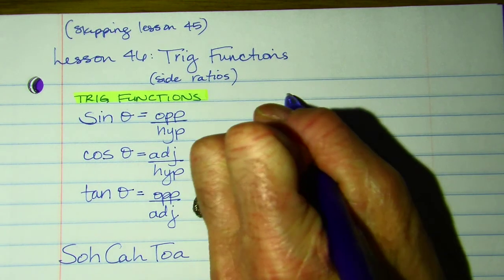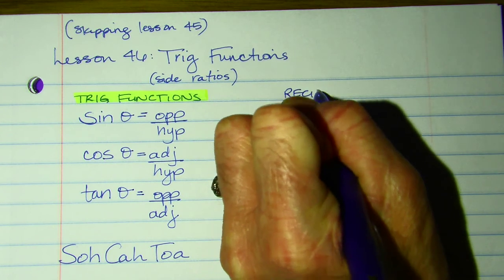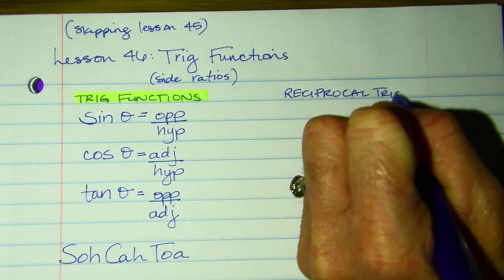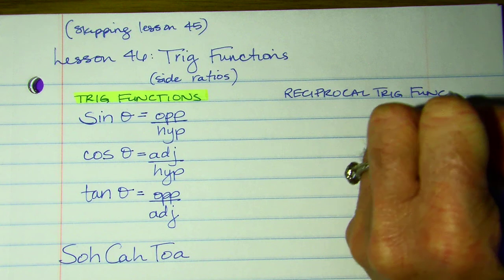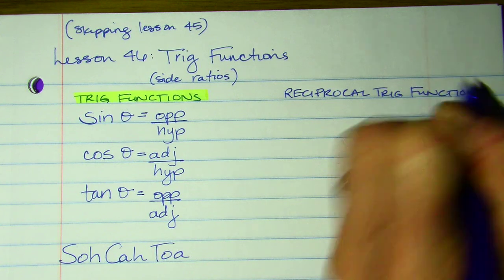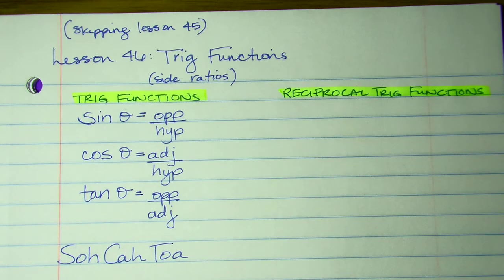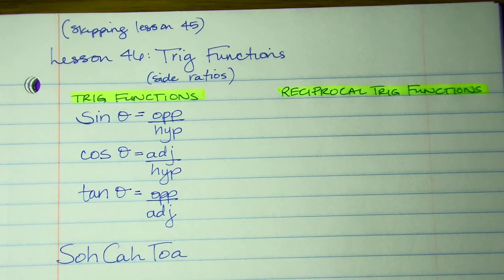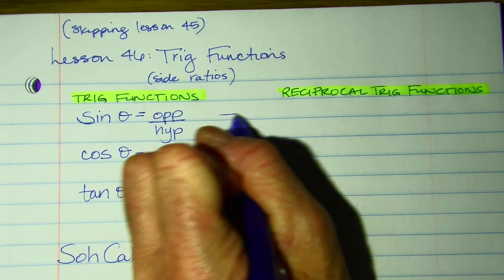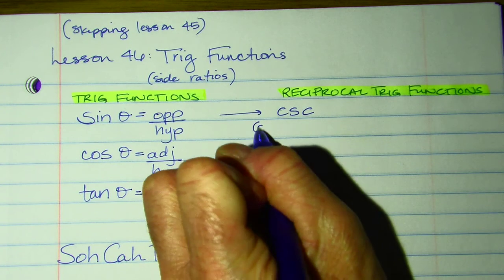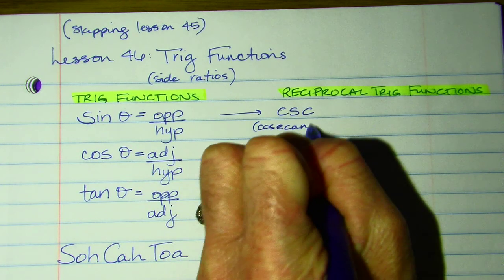Now we also have our reciprocal trig functions. Hopefully you remember what the word reciprocal means. It just means to flip a fraction over. So the reciprocal of the sine function is cosecant.